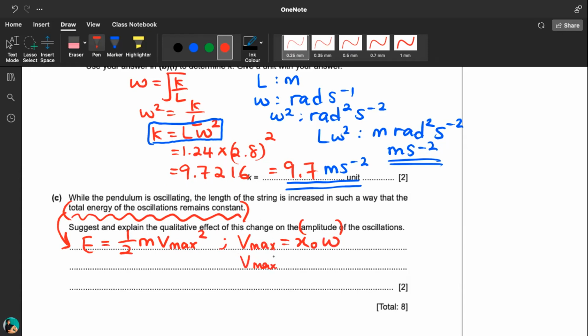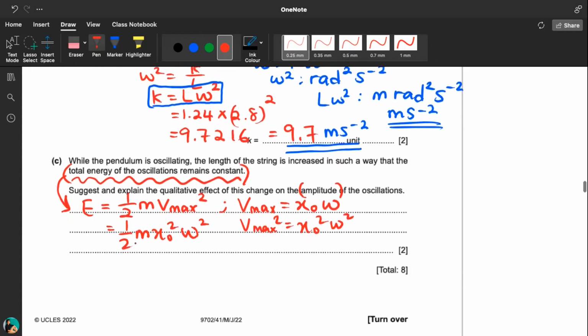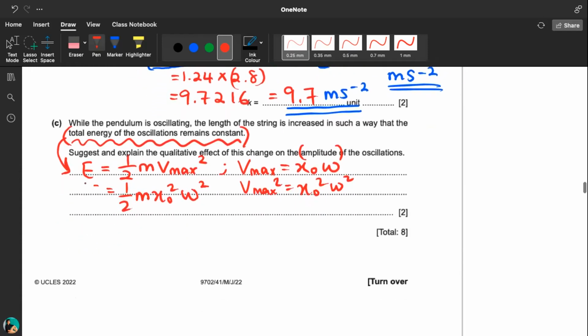So v max squared equals amplitude squared omega squared. We put it in, we get half m amplitude squared omega squared. So that's your energy equation. We can relate energy and amplitude, but they want to keep the energy constant.